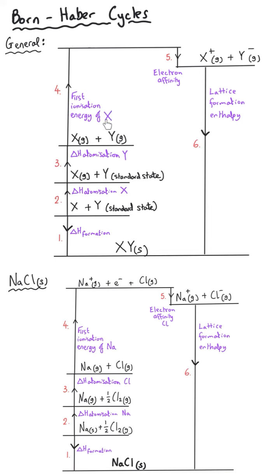Then we ionize the metal gas atom, and then the non-metal gas gains that electron that the metal has just lost, and this completes the cycle. Don't forget the electrons need to be included at the top of this cycle.